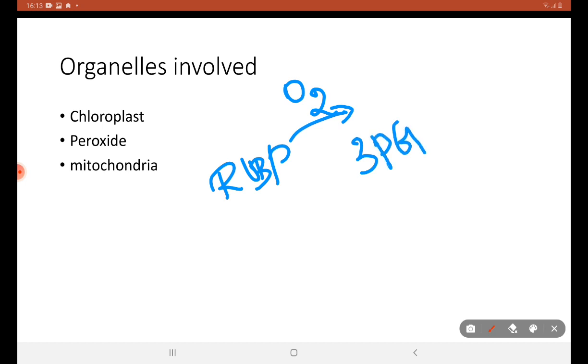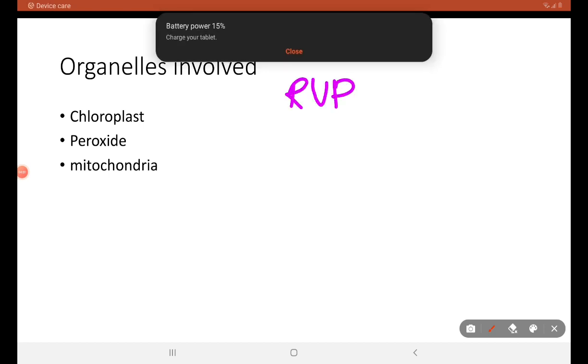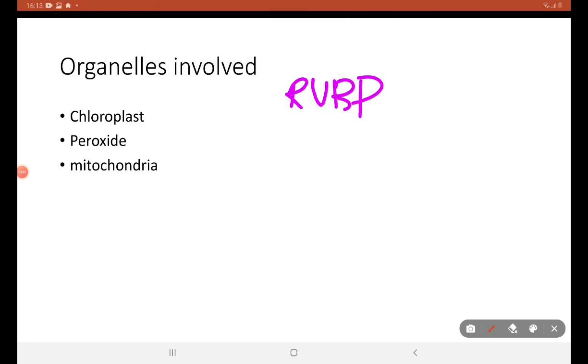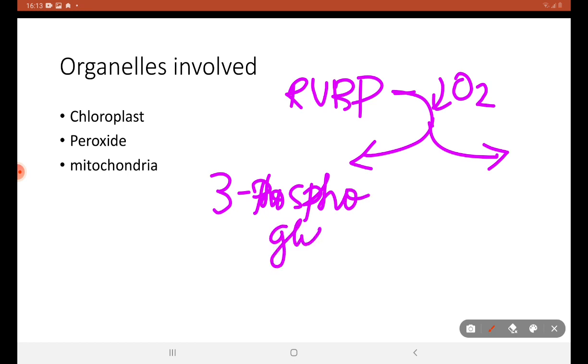If RuBP is oxygenated during photorespiration, it forms two different components: 3-phosphoglycerate and 2-phosphoglycolate.